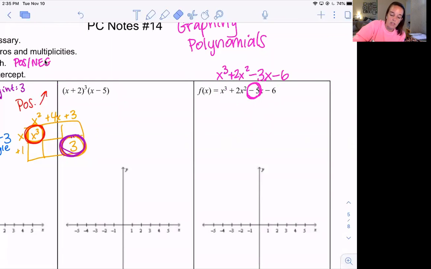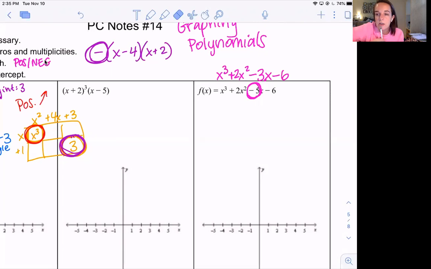If it looks like negative x minus 4 times x plus 2, then it is negative. It's going down, right? Most of our graphs are going to be positive today. The only way that it could be negative is if it has that negative in front.